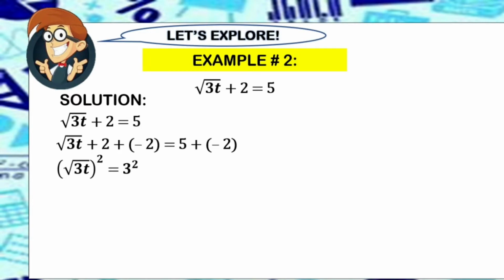Then, we square both sides of the equation. This results in 3t is equal to 9. Next, we divide both sides of the equation by 3 to eliminate the numerical coefficient, which is 3. Solving, we have t is equal to 3.